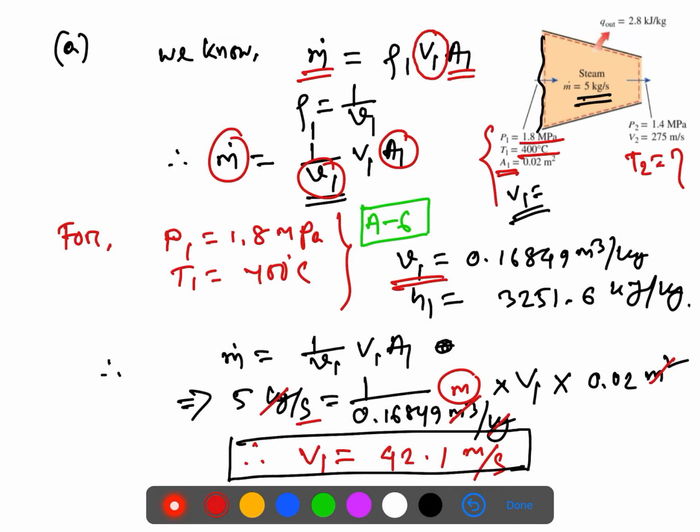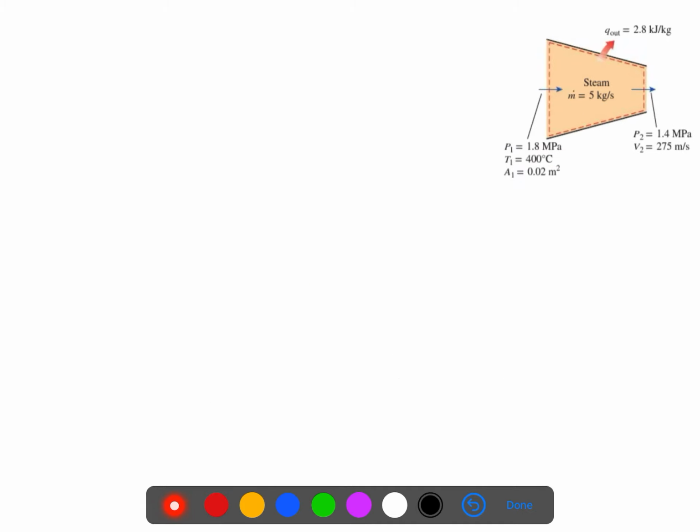So now we need to do some energy balance. From the assumption, we said it is a steady state flow. For a steady state flow, we know the energy balance is E in minus E out equals dE system over dt.